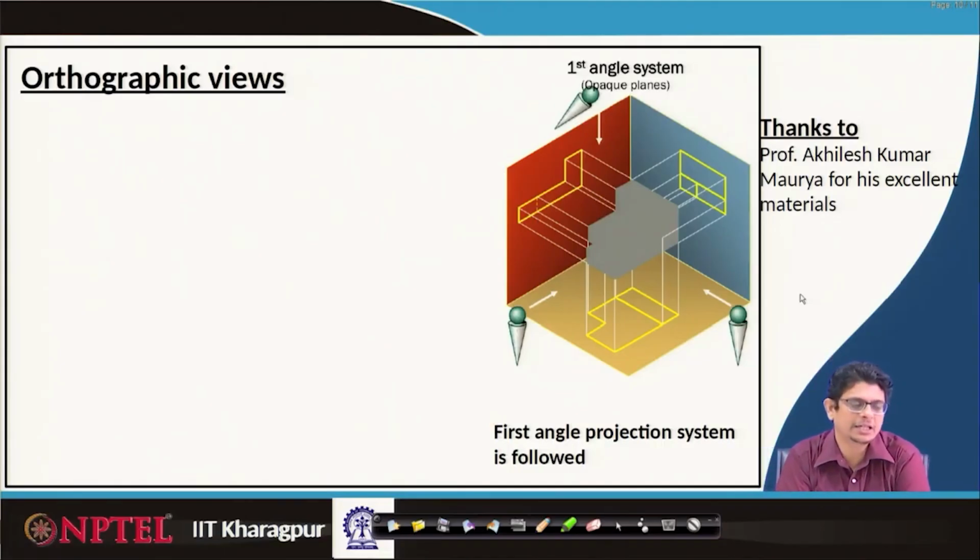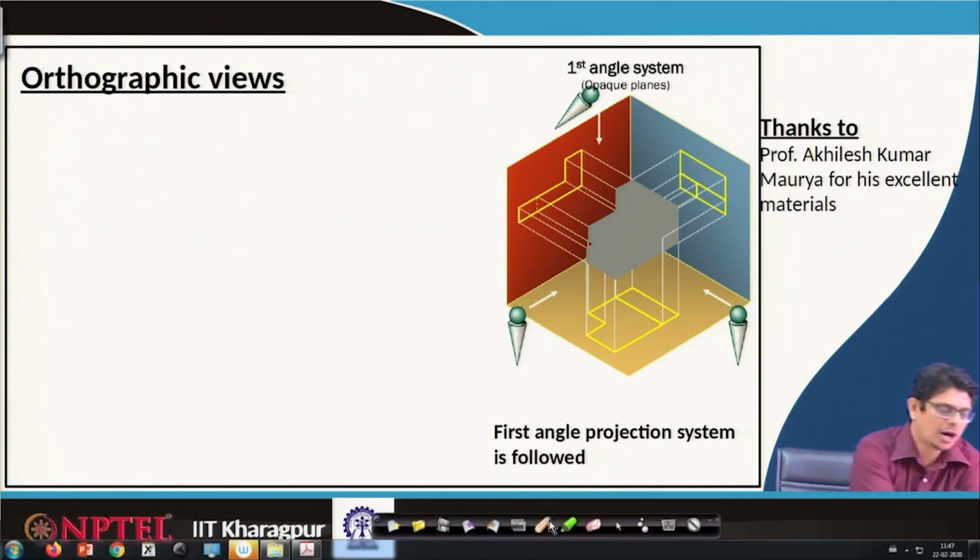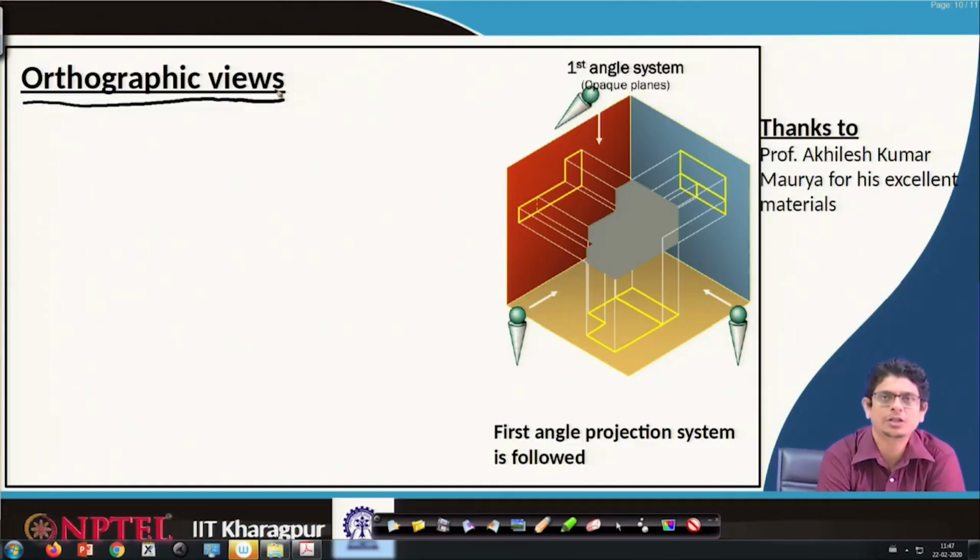So, here in the orthographic view, these projections that we are calling onto the planes, onto these opaque planes, are what we generally call orthographic views, in the perpendicular direction to the object we are trying to look at. Whatever the observer sees by projecting lines is more like if you have a lamp, whatever shadow it forms, and precisely the shadow behind the object, the way it looks, that is what we call orthographic views.